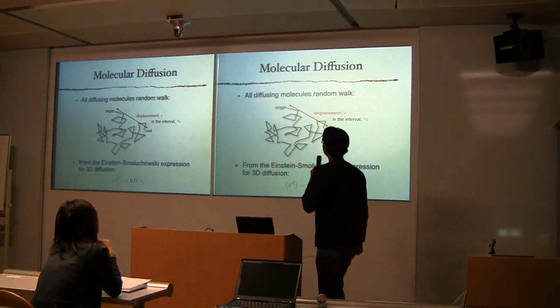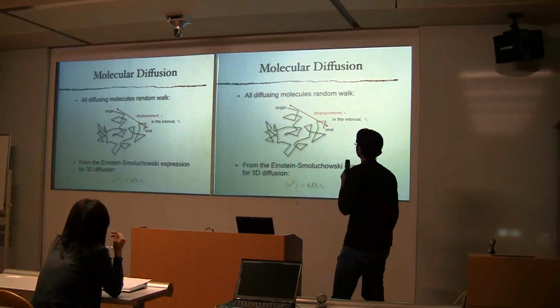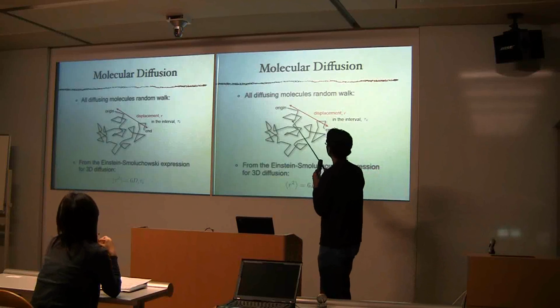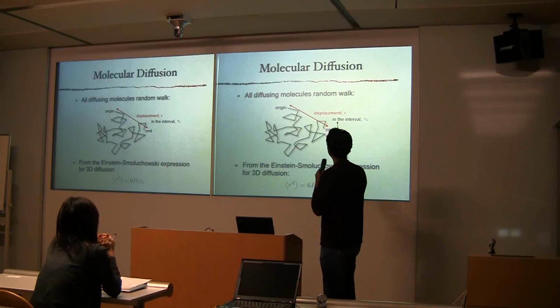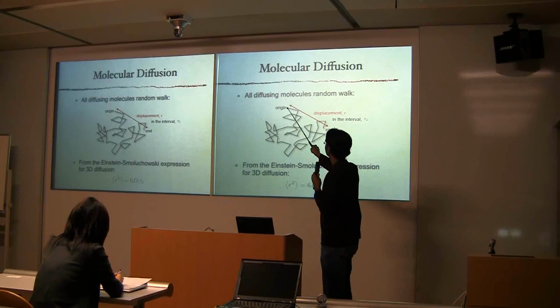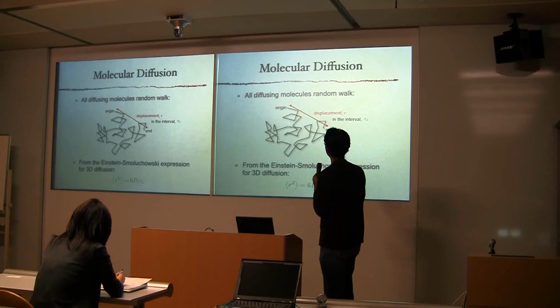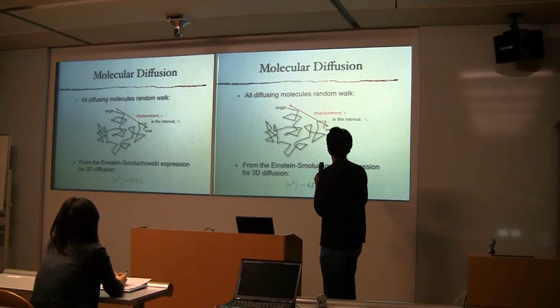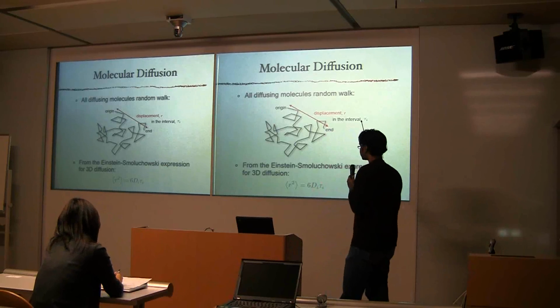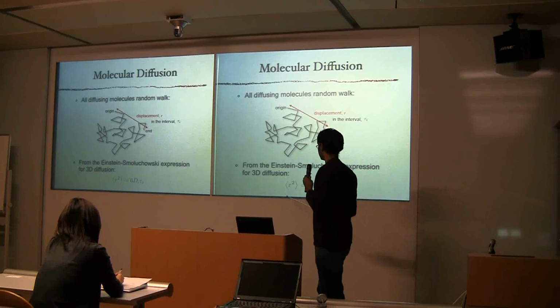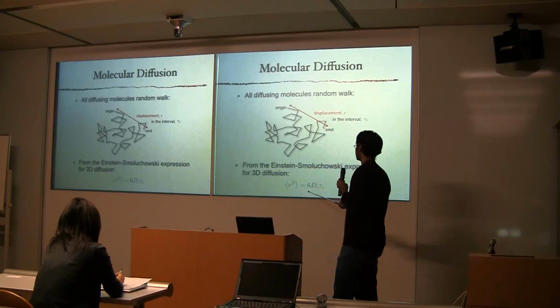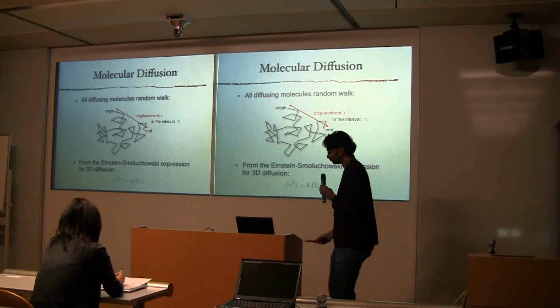So in this method, how does the molecule diffuse? Here is just the basis. A molecule in the cell or in a solution or on the membrane walks randomly, and the displacement is the actual distance between the origin and the end position of the molecule in a given interval tau. From the Einstein-Smoluchowski expression for 3D diffusion, the mean squared displacement is given by 6D tau.